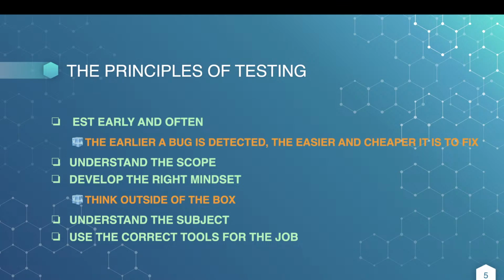Duh, of course, you might be thinking, but thinking outside the box isn't always that easy. You really want to understand the subject you have in front of you. Of course, how can you think outside of the box? First, you know how to think inside of the box. Use your application as a normal user would, and then you can start thinking of outside of the box or hacker ways to use it.